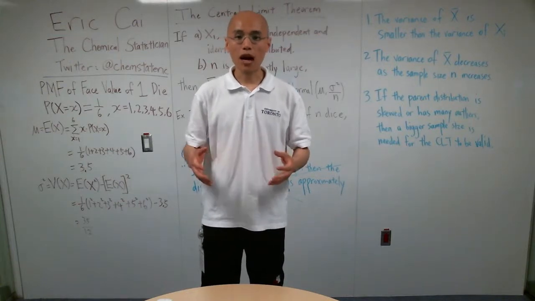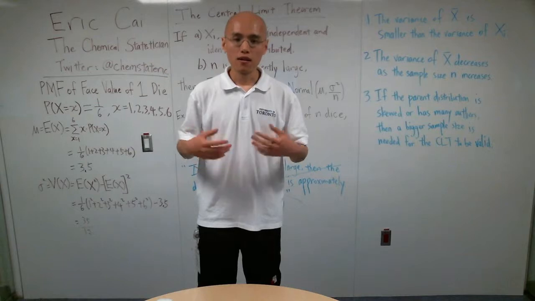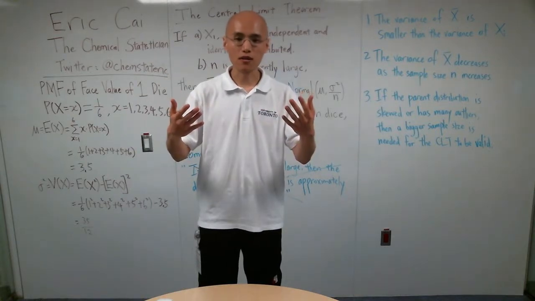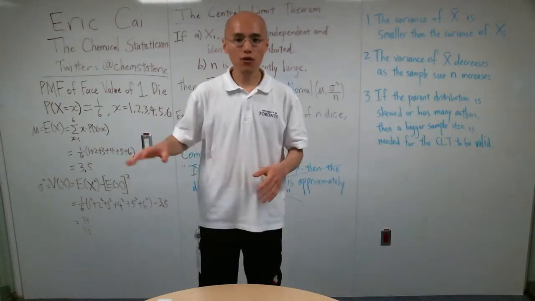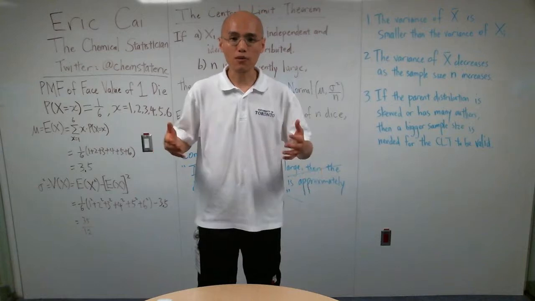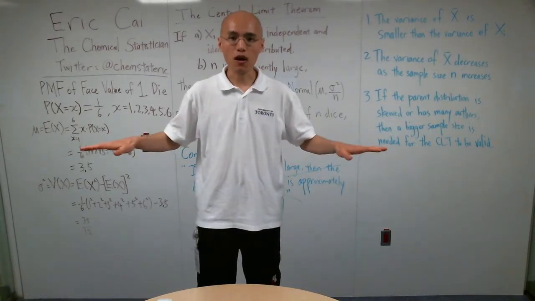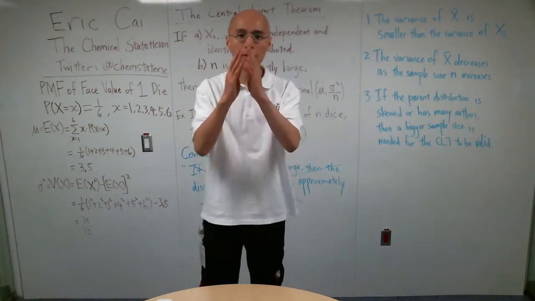Now, if you have a parent distribution with many outliers, you're also going to need a bigger sample size for the CLT to kick in. And it's the same rationale. You're starting out with more extreme values because you got more outliers. So you're going to need a bigger sample size for the proportion of the extreme values to go down and the proportion of the middle values to go up.